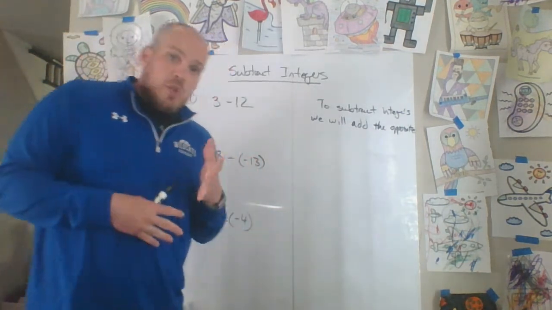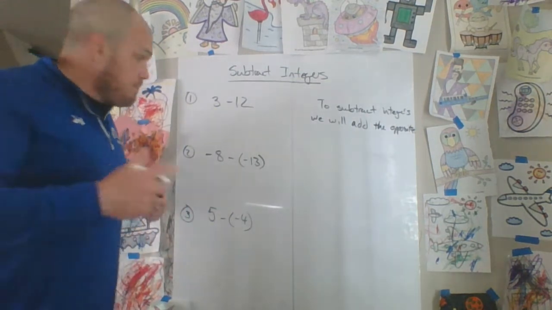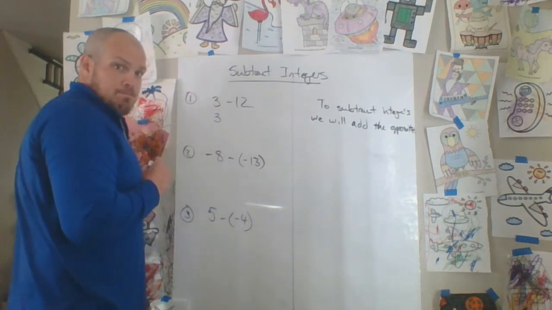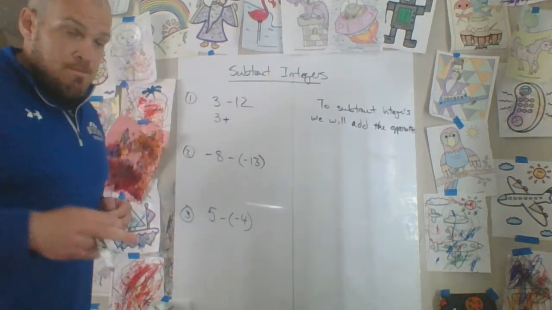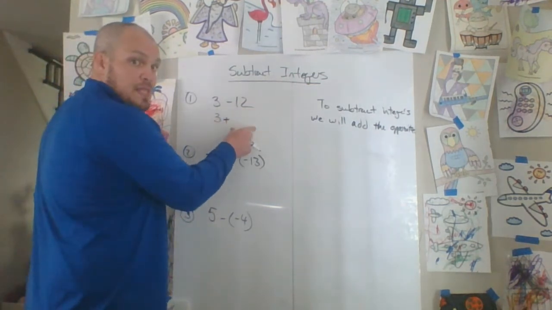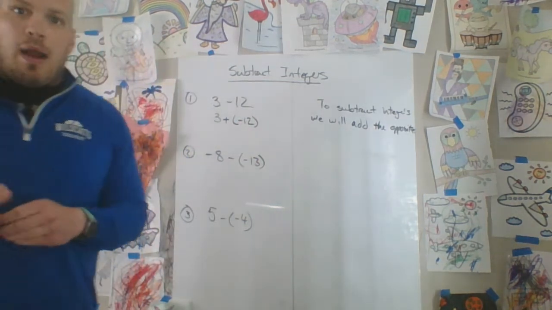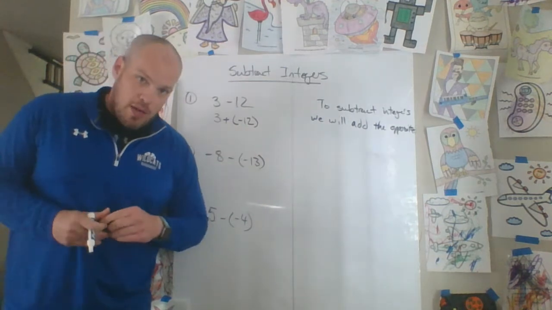So what we do is we change this subtraction problem to addition. So our first integer stays the same. We change the subtraction to addition, and we change 12 to its opposite, which is -12. So now the problem 3 minus 12 becomes 3 plus -12.